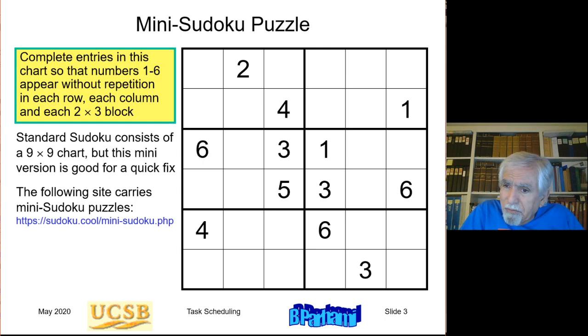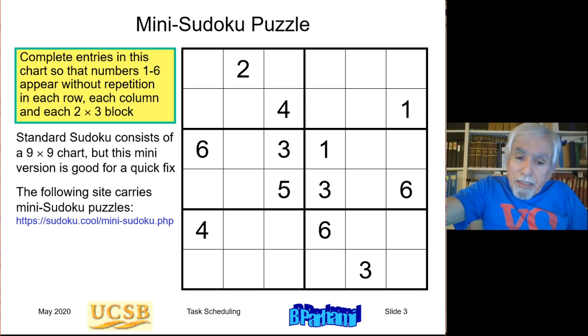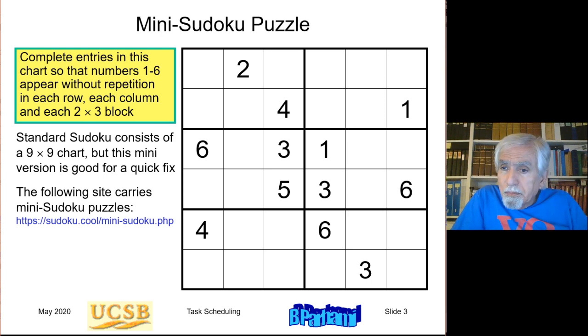The objective of solving a Sudoku puzzle is to make sure that different numbers, so in the 6x6 puzzle, numbers 1 through 6, are used in the various boxes, and boxes or cells in the same row should contain different numbers, 1 through 6. Cells in each column should contain numbers 1 through 6. And those 2x3 boxes also should contain different numbers 1 through 6.